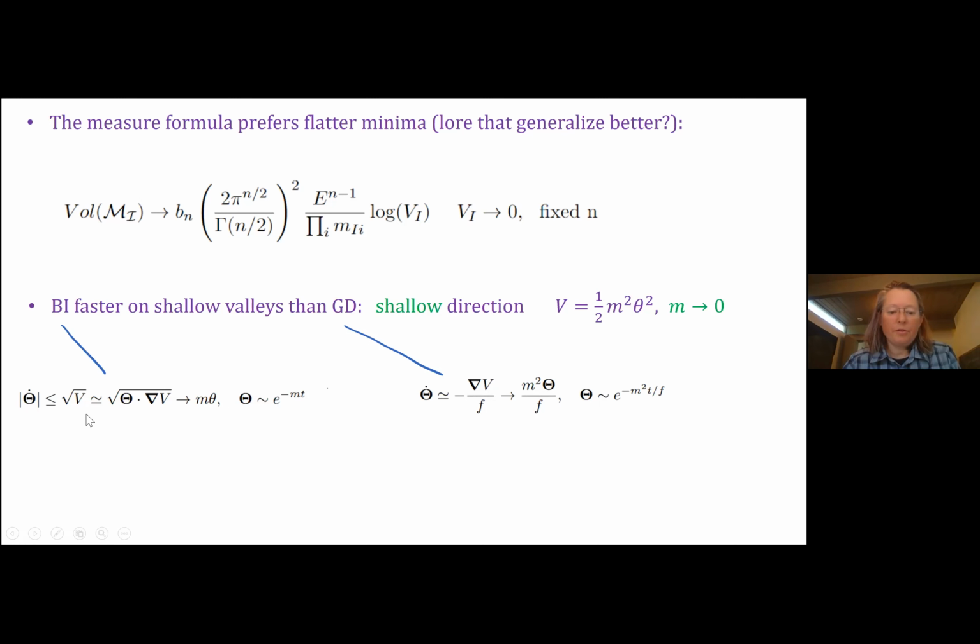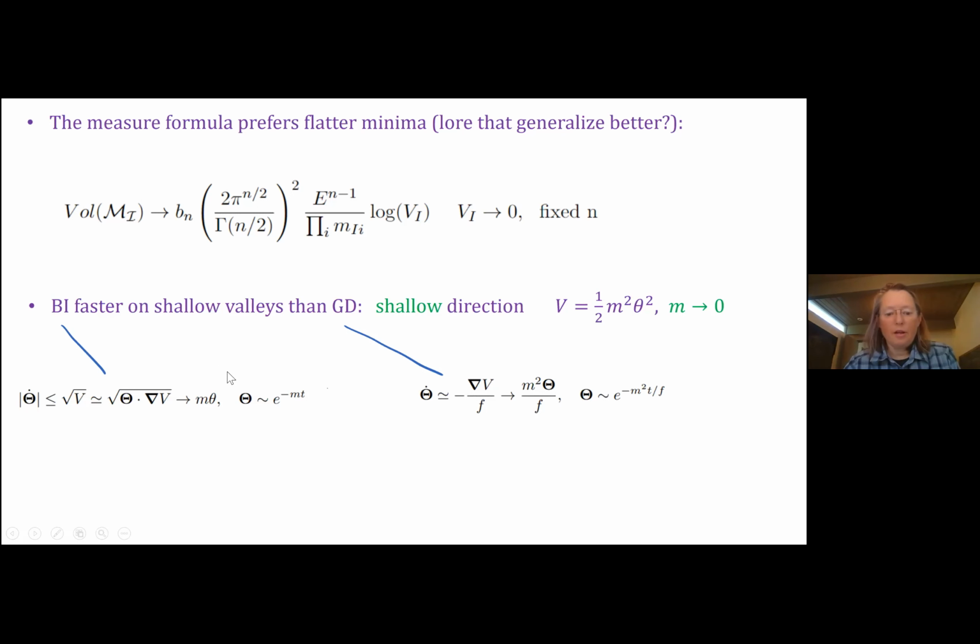And that's also solvable if it's rolling in that direction, and gives something exponential in m times t. So again, exponential minus something times t, but here, since we're interested in a shallow valley where this m is going towards zero, the gradient descent version of this formula, depending on m squared up there, is moving much more slowly toward the minimum than is BI.